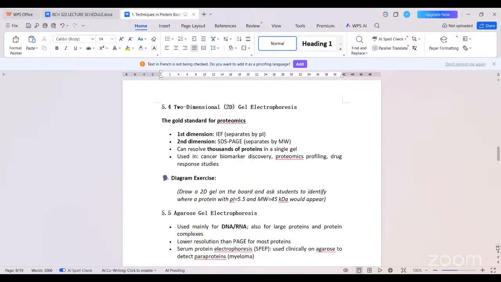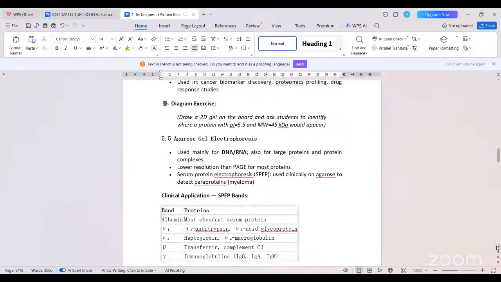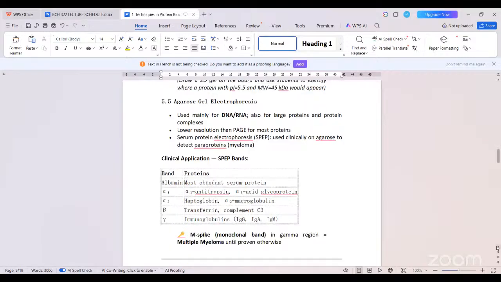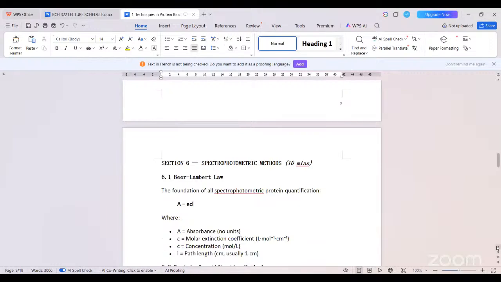And then the next separation technique is the agarose gel. Agarose gel is used mainly for DNA and RNA identification and often for large protein complexes. The next separation technique is the spectrophotometric method.